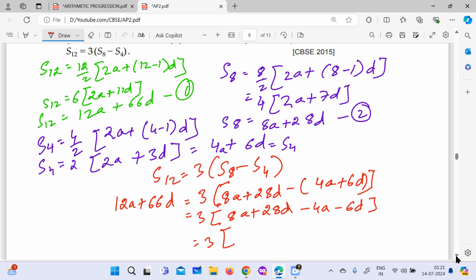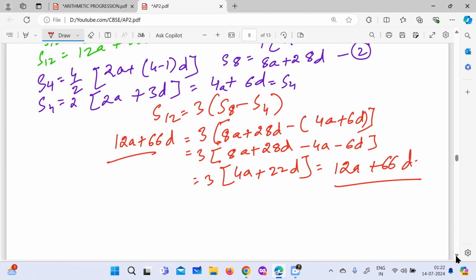3 times: 8a minus 4a will give you 4a, 28d minus 6d will be 22d. And then when we open this, you get 12a plus 66d. See, S12 is 12a plus 66d, and 3 times the difference of the sum of first 8 terms and the sum of first 4 terms is also 12a plus 66d.